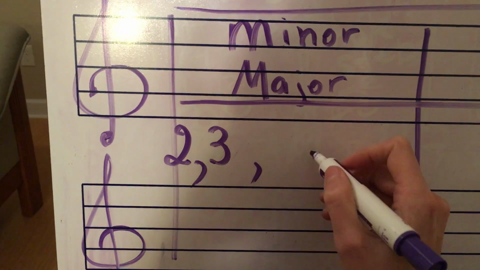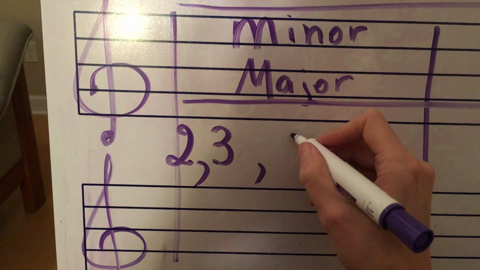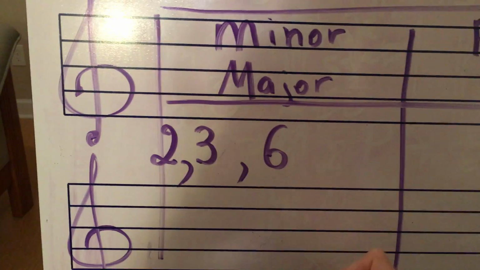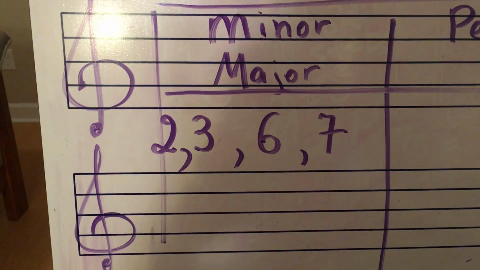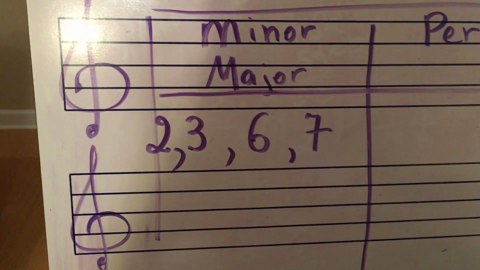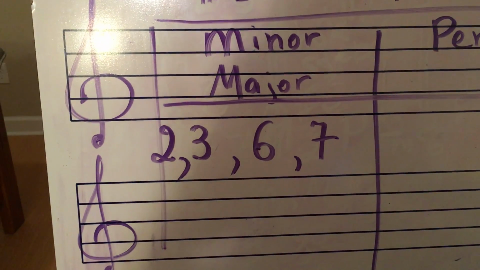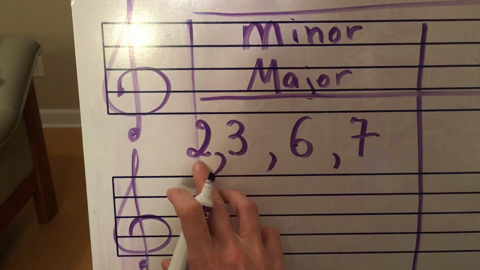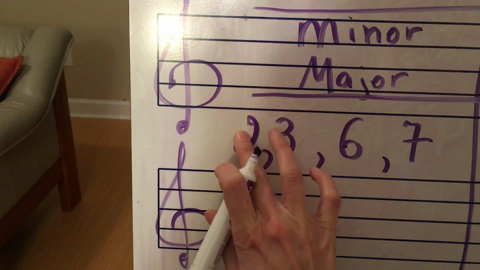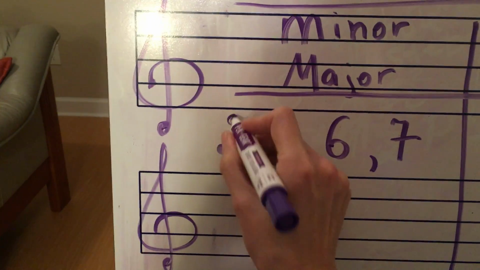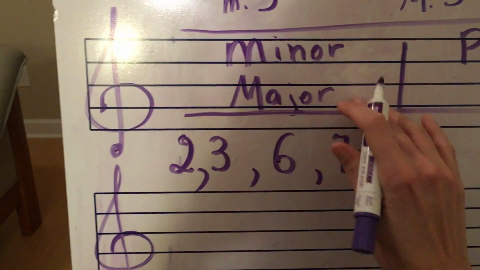Then fourth and fifth, we're going to talk about them later. We will have sixths and sevenths. And again, we're talking about only the intervals that fit in an octave. Okay, so we have seconds, thirds, sixths and sevenths. So these intervals can be minor or major.